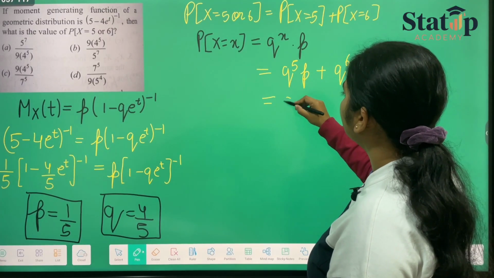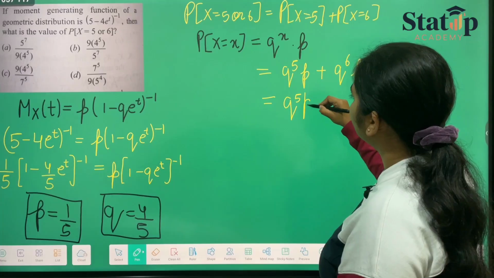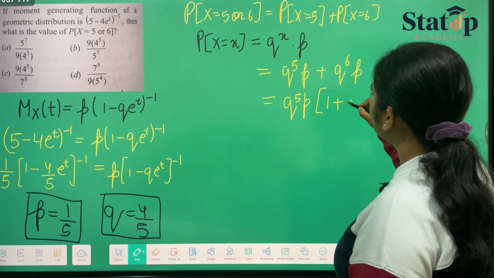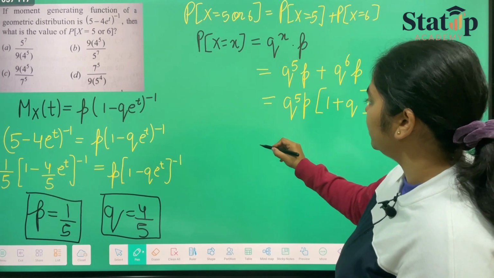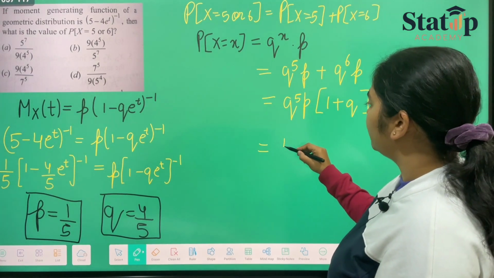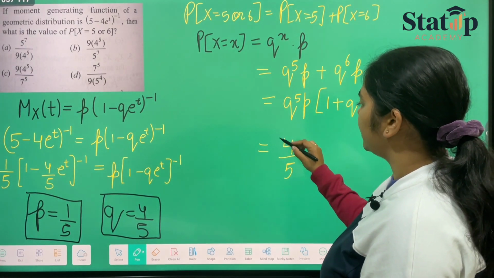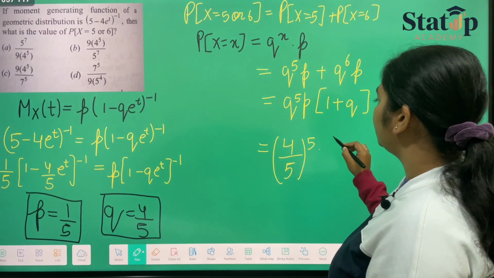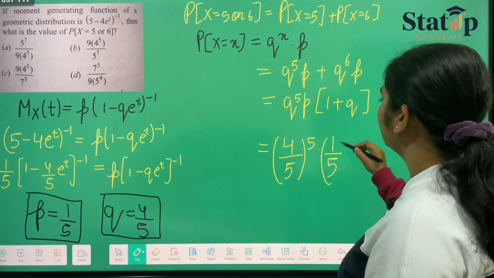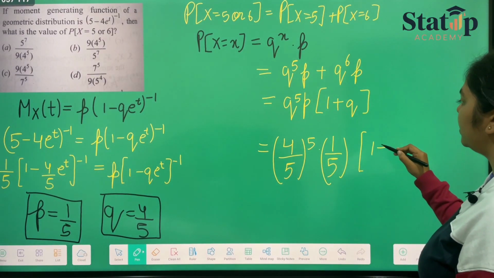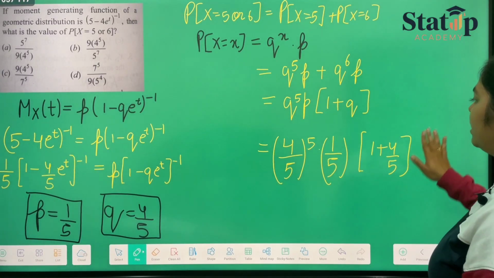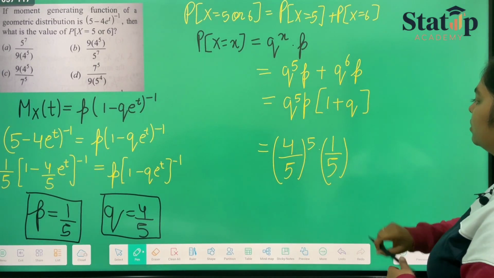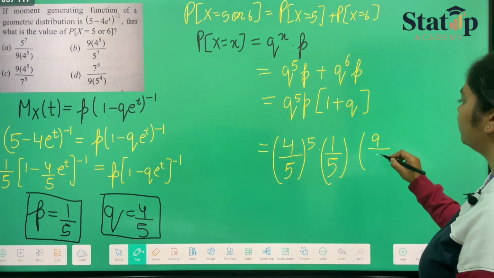If we take the common terms outside, q raised to the power 5 into p, we will be left with 1 plus q. Replacing the values here, we get q raised to the power 5, which is (4 by 5) raised to the power 5, into p, which is 1 upon 5, and 1 plus q, 1 plus 4 by 5, which is nothing but 9 by 5.